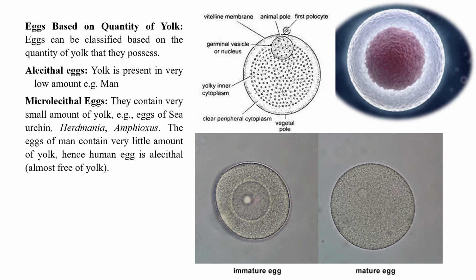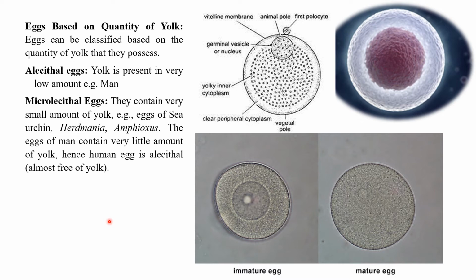Hence, this yolk will be filled in the egg because the sperm do not carry any kind of cytoplasm. So all the required nutrients for the developing embryo must come from the ovum itself. So this yolk will be synthesized and stored in the cytoplasm of the ovum before the fertilization.